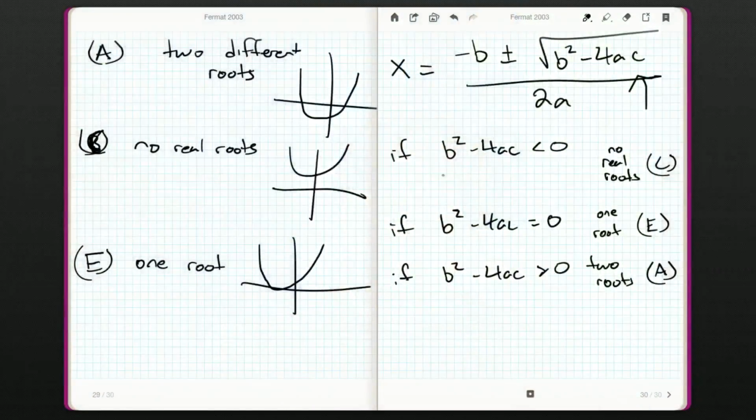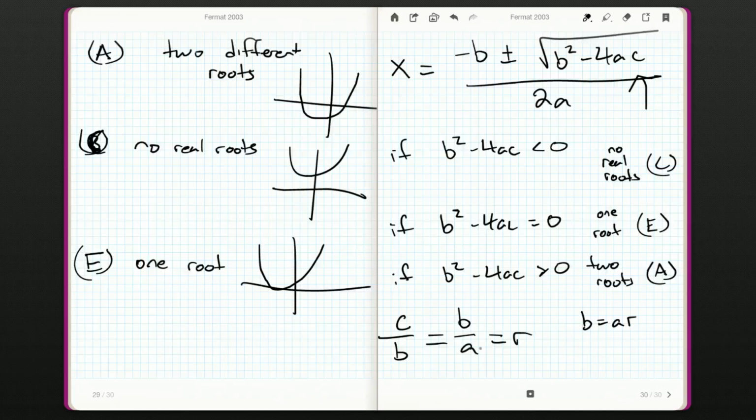But all we need to do now is take a look at our b squared, our 4ac, and perform this calculation. Because we know that c over b is the same as b over a, and I'm going to call that r, it's the same ratio, we can actually solve for c and b in terms of a. Right? b is a times r.